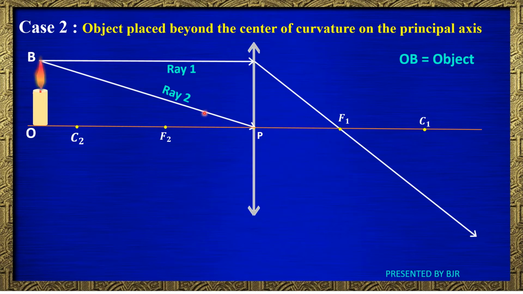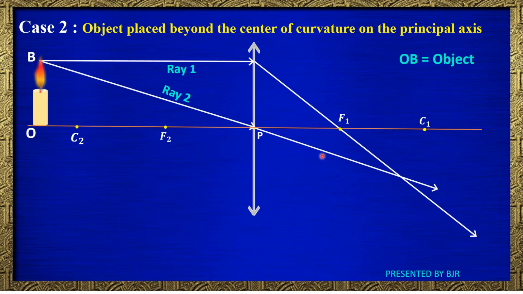So this ray will not suffer refraction here. It will travel in the same direction like this. It is undeviated. This is the second refracted ray. You see here, we have to trace both refracted rays. This is the first refracted ray. This is the second refracted ray.